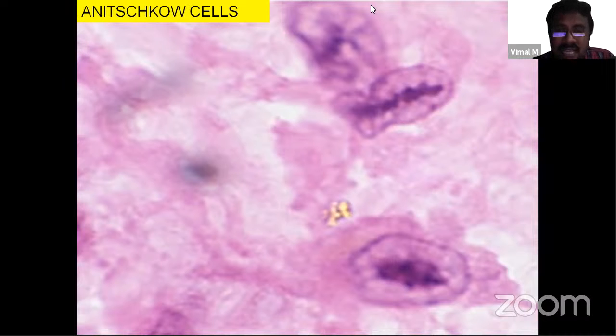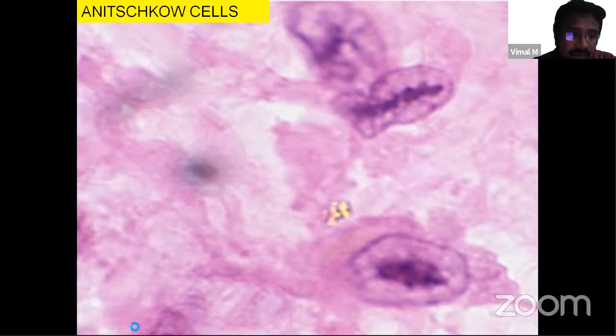So Anishkov cells are nothing but these are all the Will you shut up? These Anishkov cells or the histiocytes, which you can see in a rheumatic heart disease. Anishkov cell is the histiocyte which you can see in the rheumatic Will you shut the fuck up, bitch? heart disease.